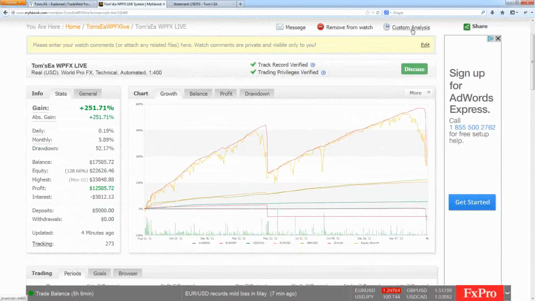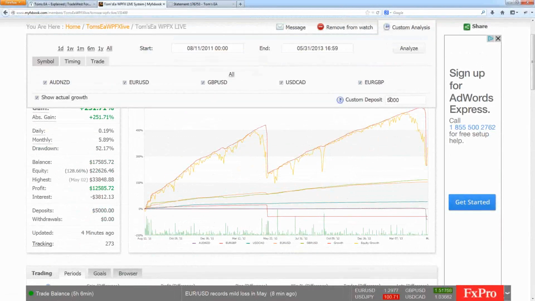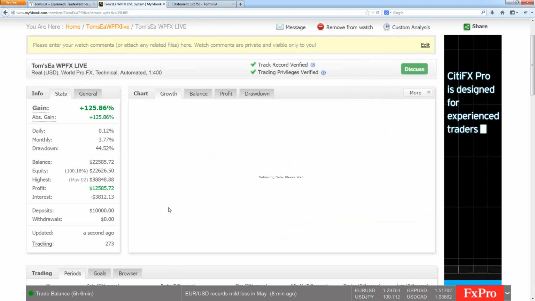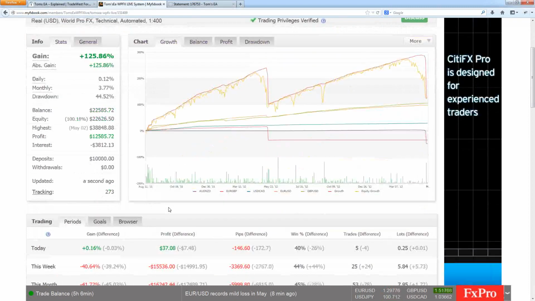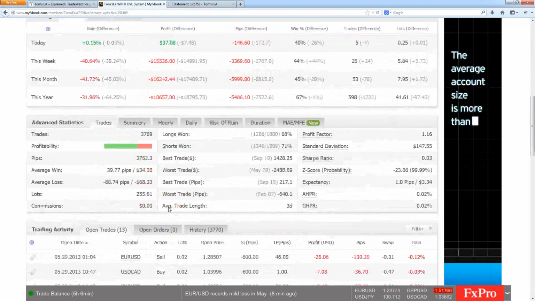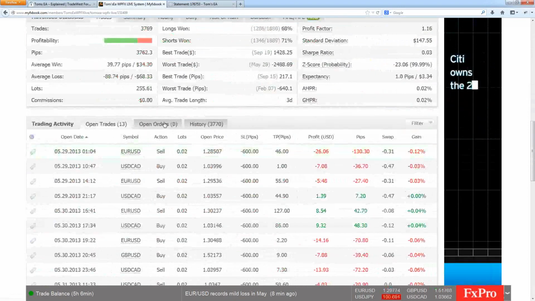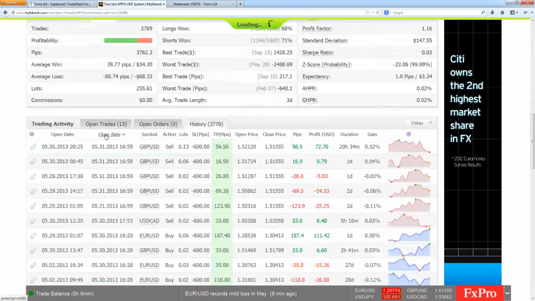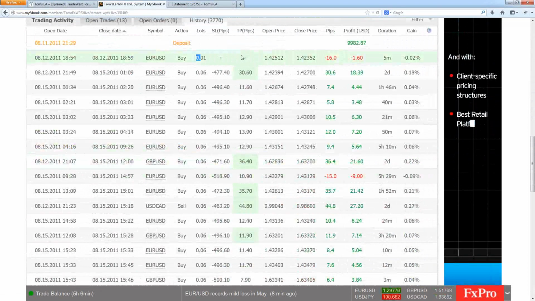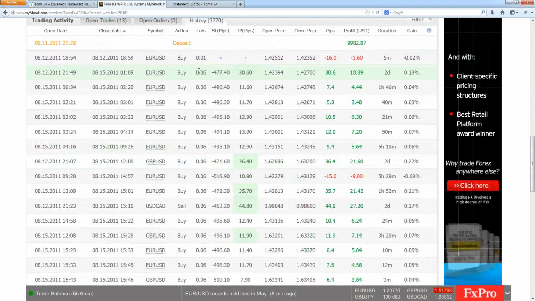Let's put it back to the 10 because that's what they started with, so we need it to match. Okay. So now we can look at this. We can go to the history, close date. Okay, so we can see they started off, they did a little test trade there, it looks like, and then they started off at 0.06.